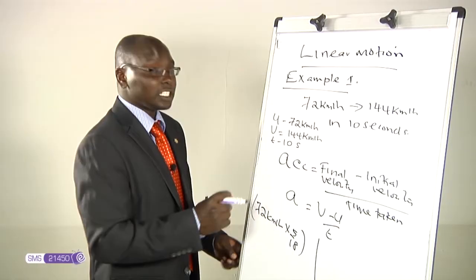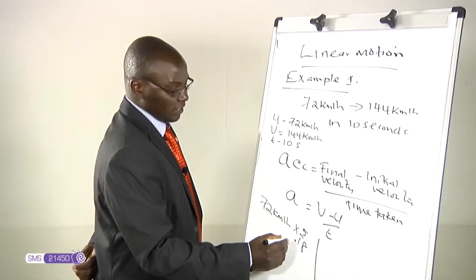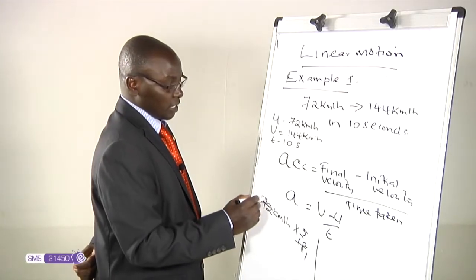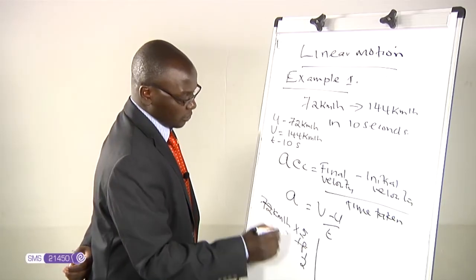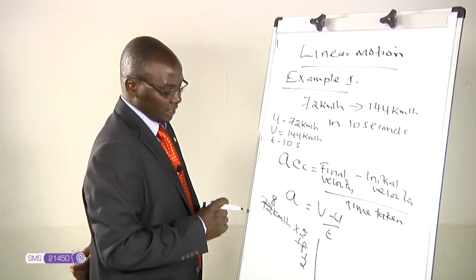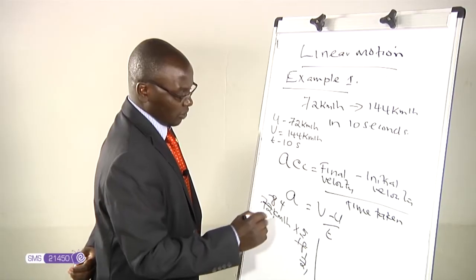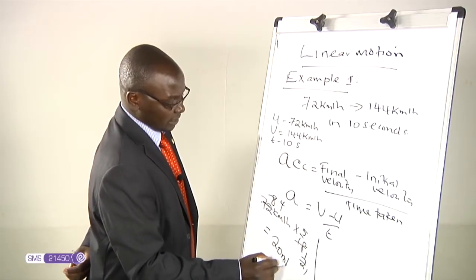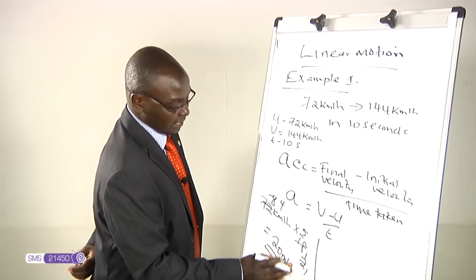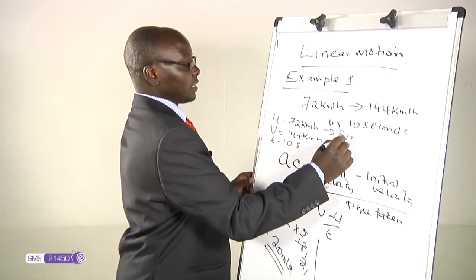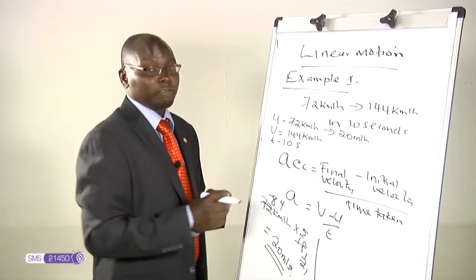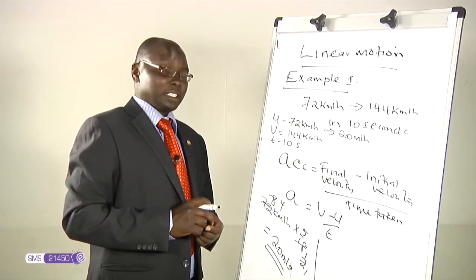Dividing, 18 goes into 72 four times, giving 4 times 5, which is 20 meters per second. We have converted that one into meters per second.